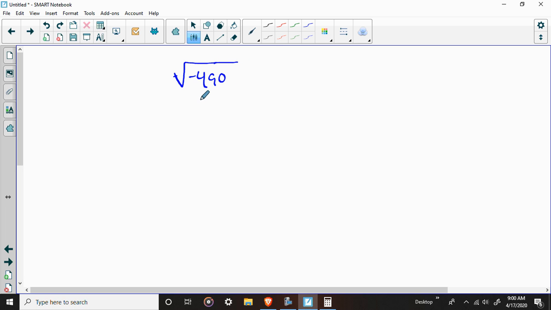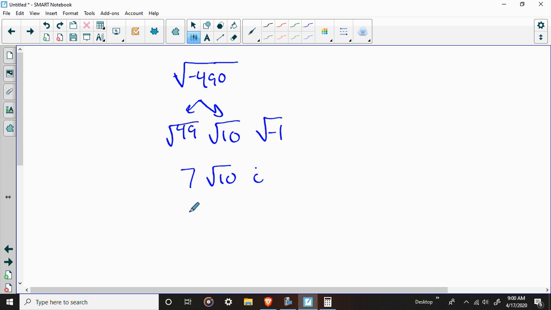Now, first of all, if we want to think about this, that is going to be 49, which is a perfect square, times 10. And again, to account for the negative, square root of -1, which we know is going to be I. Square root of 49, 7. Square root of 10 is as simple as it gets. And square root of -1 is I. Let's put that together in nice form. 7 times I times the square root of 10.